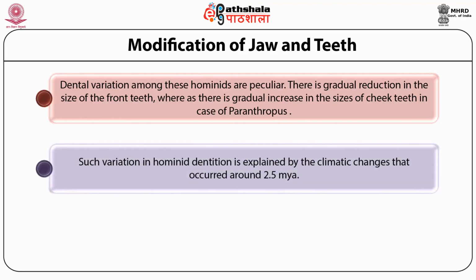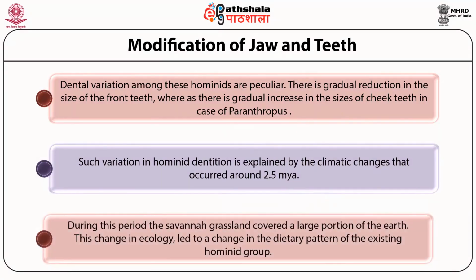Such variation in hominid dentition is explained by the climatic changes that occurred around 2.5 million years ago. During this period, the savanna grassland covered a larger portion of the earth. This change in ecology led to a change in the dietary pattern of the existing hominid group.